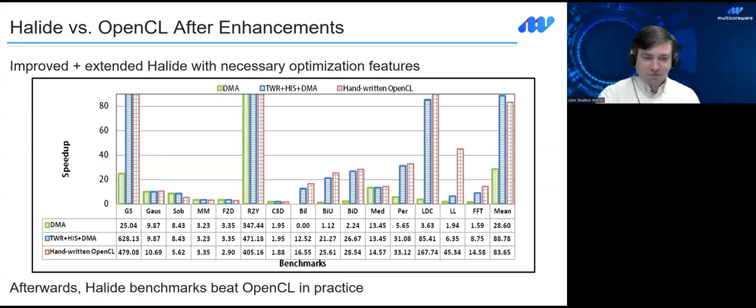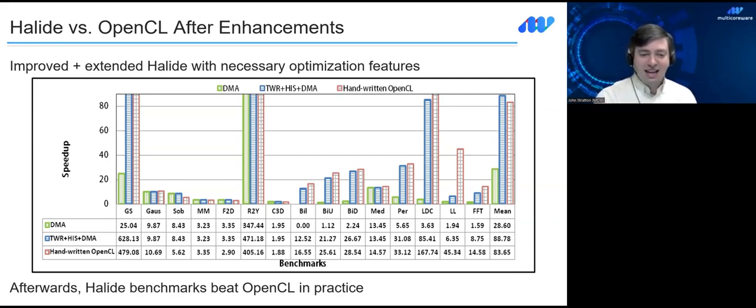So we did improve and extend Halide with some necessary features. The reason that Halide was preventing us from getting the performance that we needed was it just didn't have necessary optimization features to deliver performance on the digital signal processing environment. So we made some small extensions to Halide that allowed the users in Halide to express those kinds of optimizations.